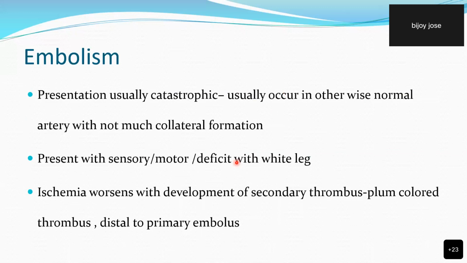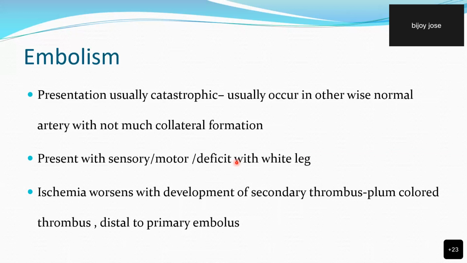A patient who doesn't have any chronic atherosclerotic disease doesn't have much collateralization. So when this patient presents with a sudden occlusion of the limb arteries, the clinical manifestations are very catastrophic, because there are no well-developed collaterals to supply the part distal to the occlusion, and the patient presents with a sensory motor deficit with a white leg.